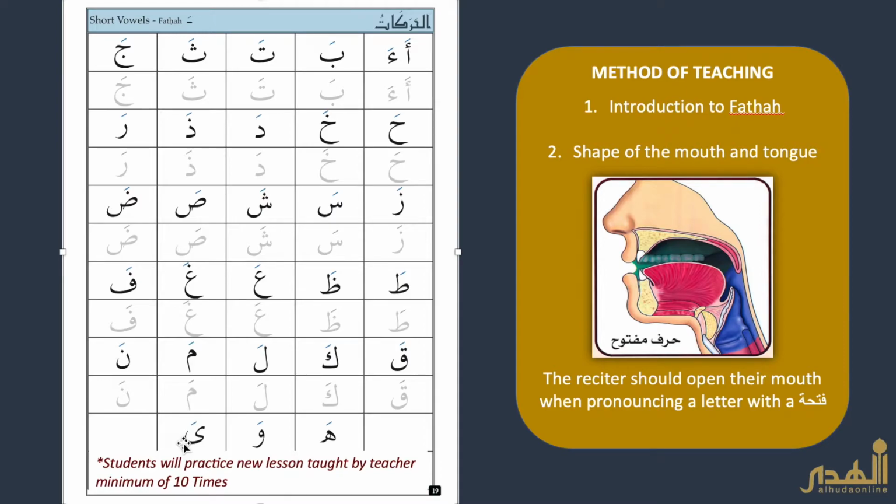So then you will have ya, wa, ha, na, ma, la, ka, a, fa, ga, ض ط ض ص ش س ز ر ذ د خ ح ج ث د ب أ. Okay, so inshallah that way you will really know if the student has mastered this concept of Fathah.